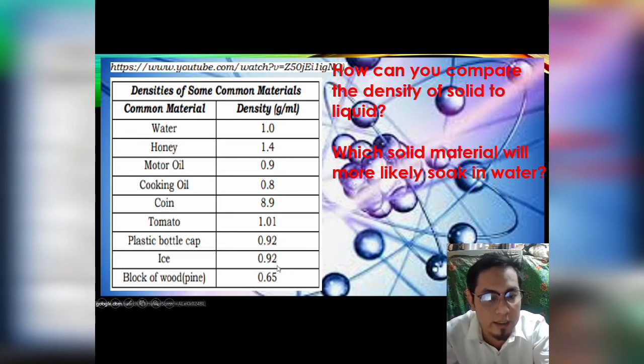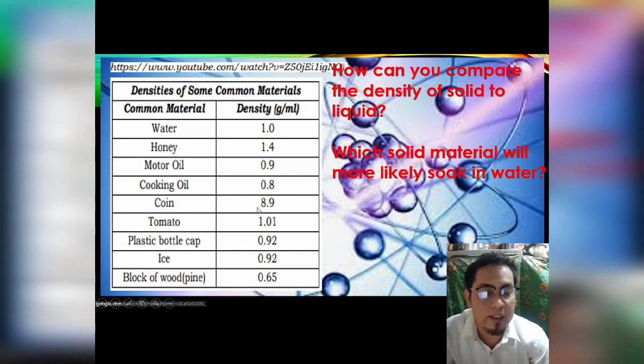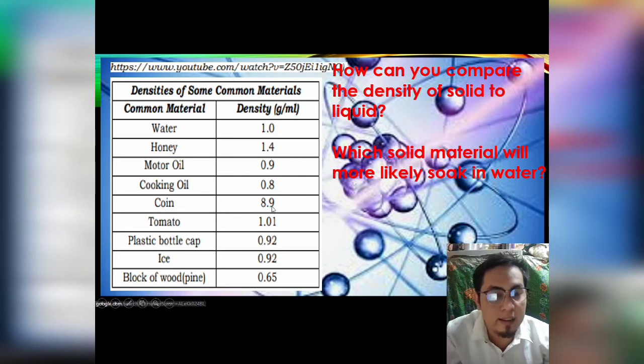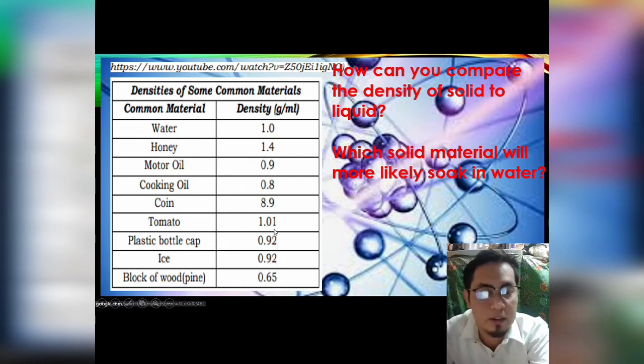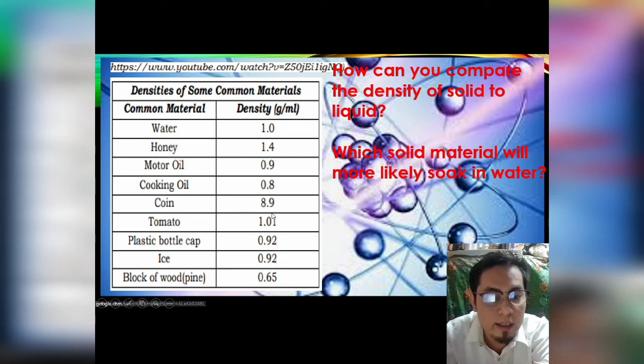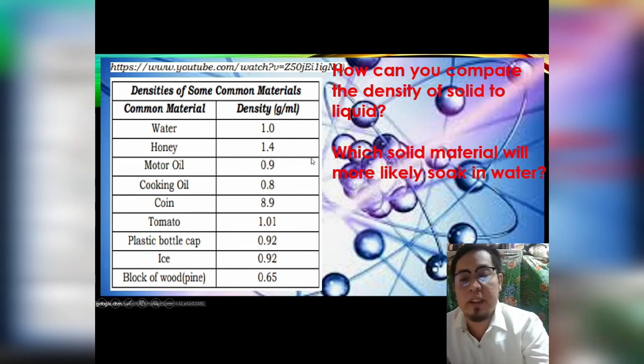You look at the data. Tomato reached 1.01, coin reached 8.9, then plastic cup 0.92. They have the greater density compared to liquid. Cooking oil 0.8, 0.9, 1.4, 1.0.